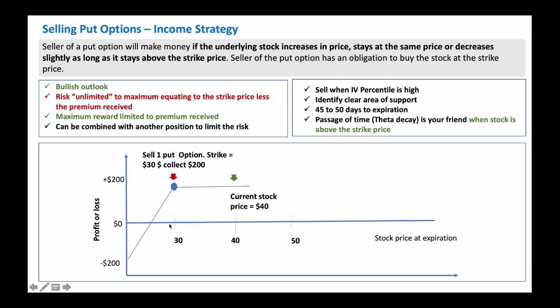But if the stock comes below 30, then you start losing money. That's why you've got to be a little careful. The selection of the strike price is very important. That's why you've got to identify a clear area of support here and sell the put option at that strike price.